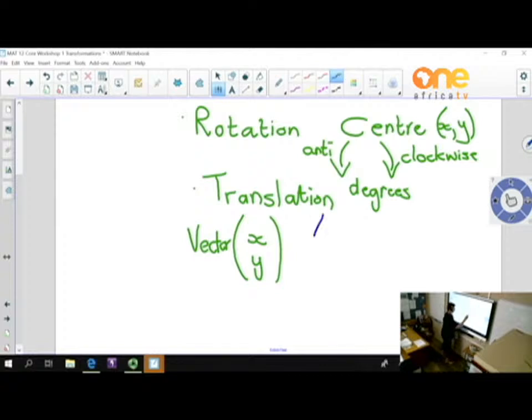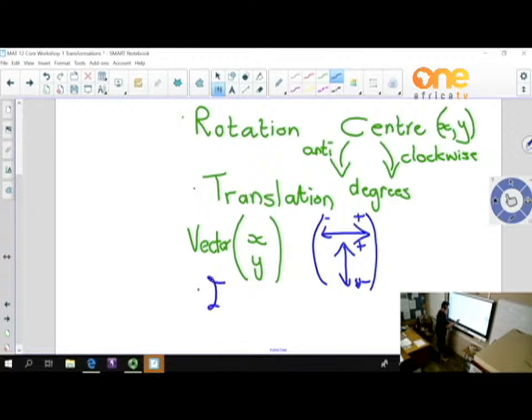The meaning of that is, if you go to the right, x, then this is positive and this is negative. If you go up, it is positive, and if you go down, it is negative. So this is the x movement, and this is the y movement, the column vector.